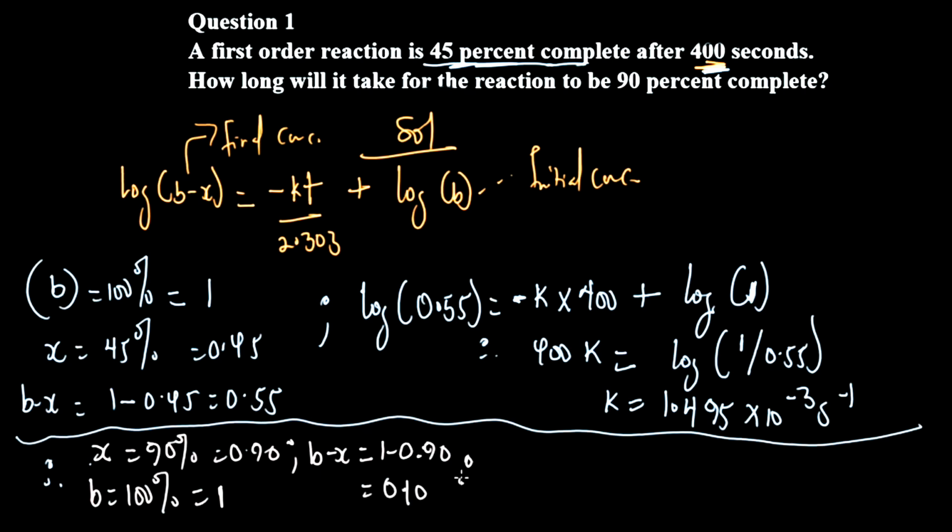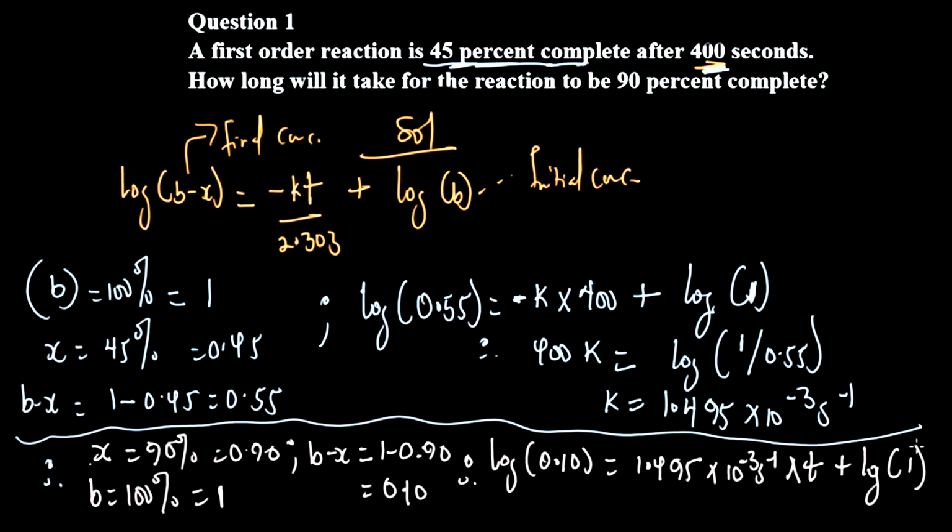So therefore we have log 0.10 equals 1.495 times 10 raised to the power minus 3 s minus 1 times time, plus log 1.